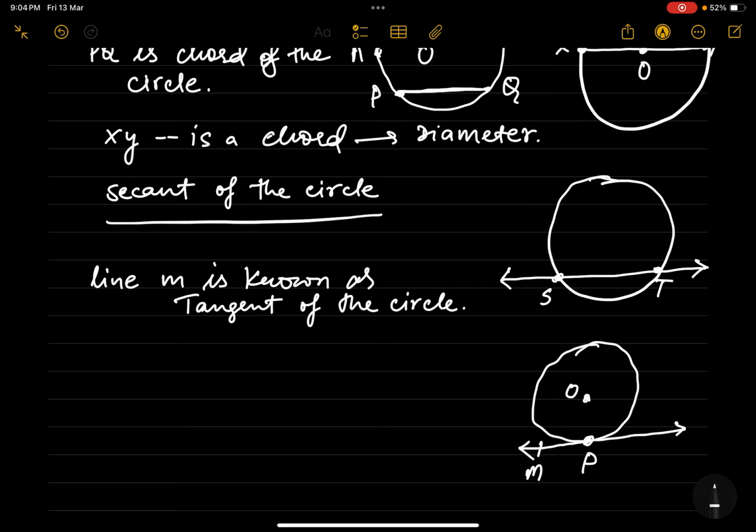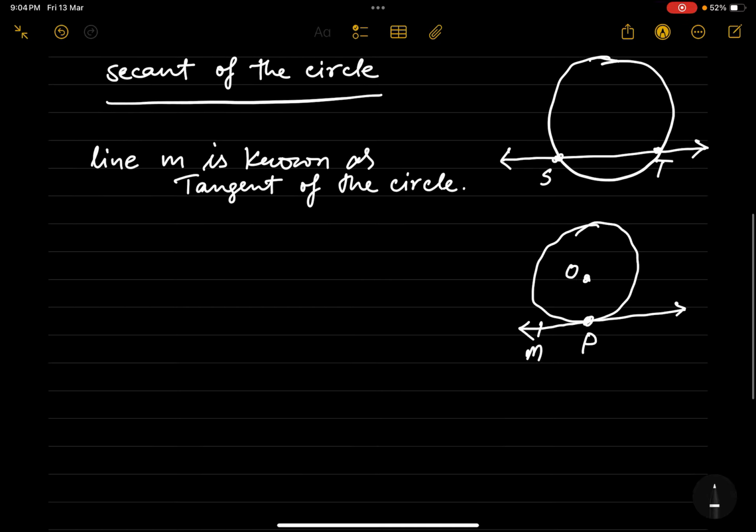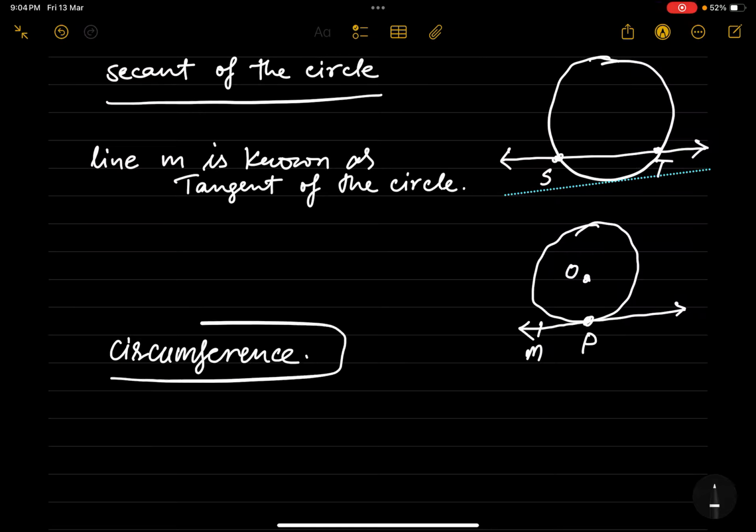We'll move further. There is a term, circumference of a circle. What is the circumference of a circle? Circumference is basically like the perimeter of a circle. When you measure the length of the boundary of the circle, we name it the circumference of the circle.